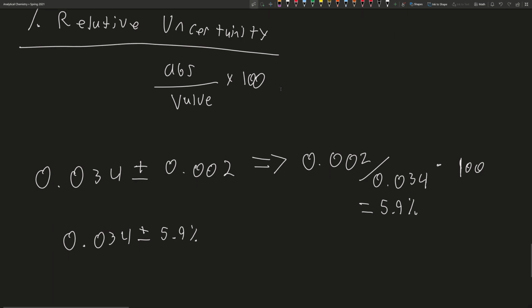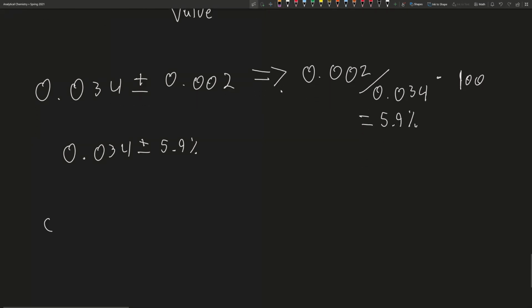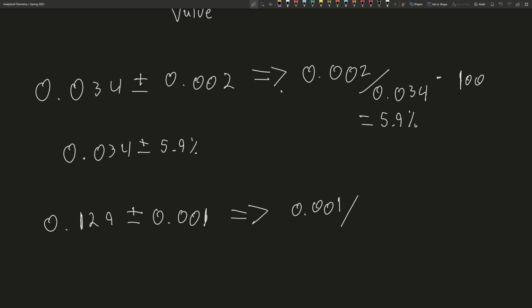Do another one. 0.129 plus or minus 0.001. If this is the absolute and we want to turn it into the relative, we would simply do 0.001 divided by 0.129 multiplied by 100.